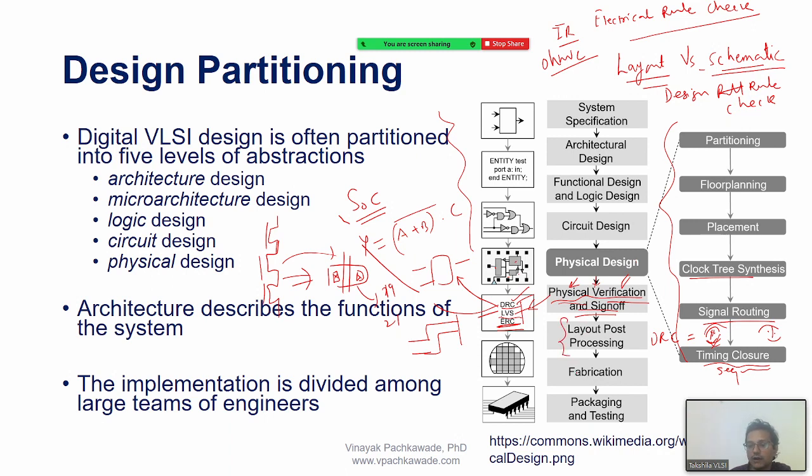Then layout post processing is sometimes additional steps you can do, but let's not talk about this right now. They're not essential. Some steps are required, we'll see when they come. And then of course this is now not in our control. The chip went to the foundry, it's getting fabricated, and then they package it, and it is out on the wafer.